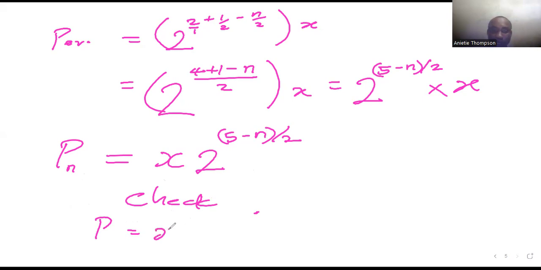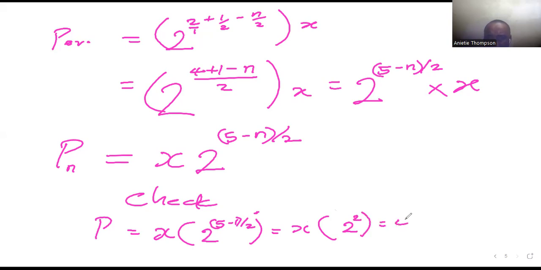So we have x into 2 raised to the power of 5 minus 1 divided by 2. And then that will give us x times 2 raised to the power of 4 over 2. So we have 4 divided by 2 is 2. So 2 squared is 4. That gives us 4x.